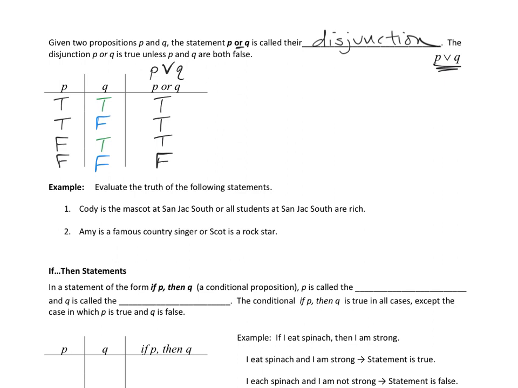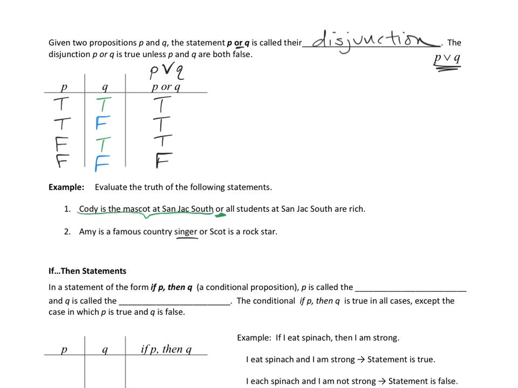Okay, so let's evaluate a couple of these statements that we were looking at down here with the OR logical connector. Cody is the mascot at San Jack South, or, well, there's the connector, all students at San Jack South are rich.